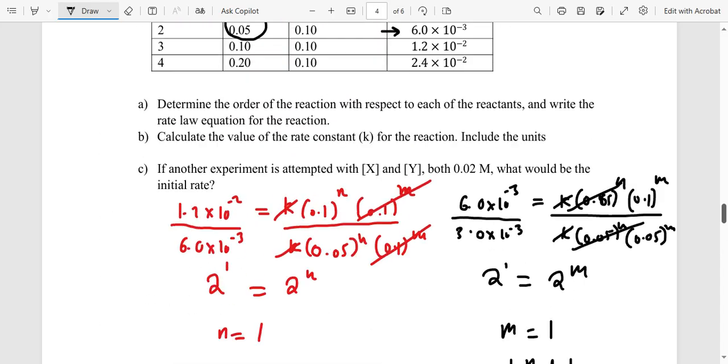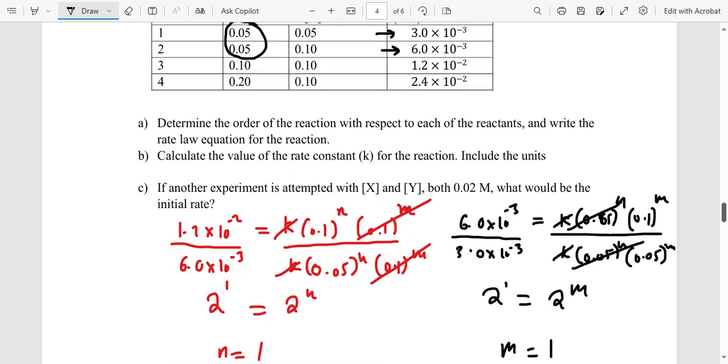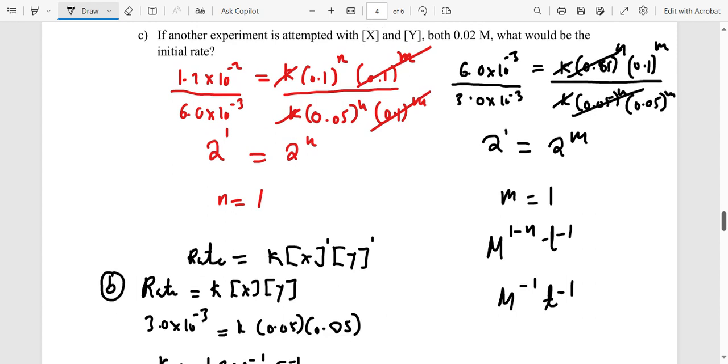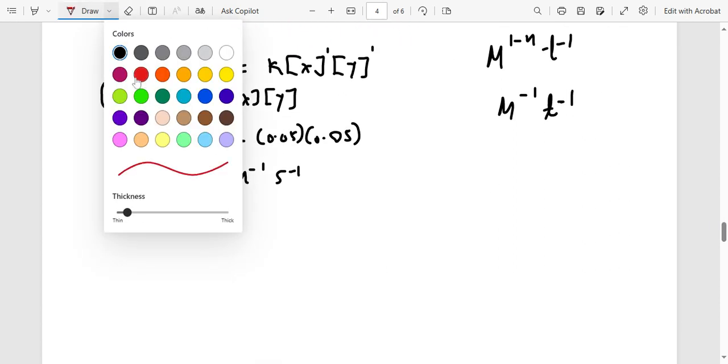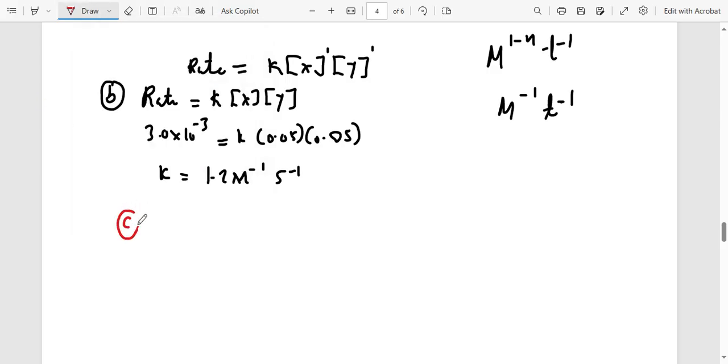And then the last question: if another experiment is attempted with X and Y both 0.02 molar, what would be the initial rate? So C, remember, both are 0.02. Calculate the initial rate.